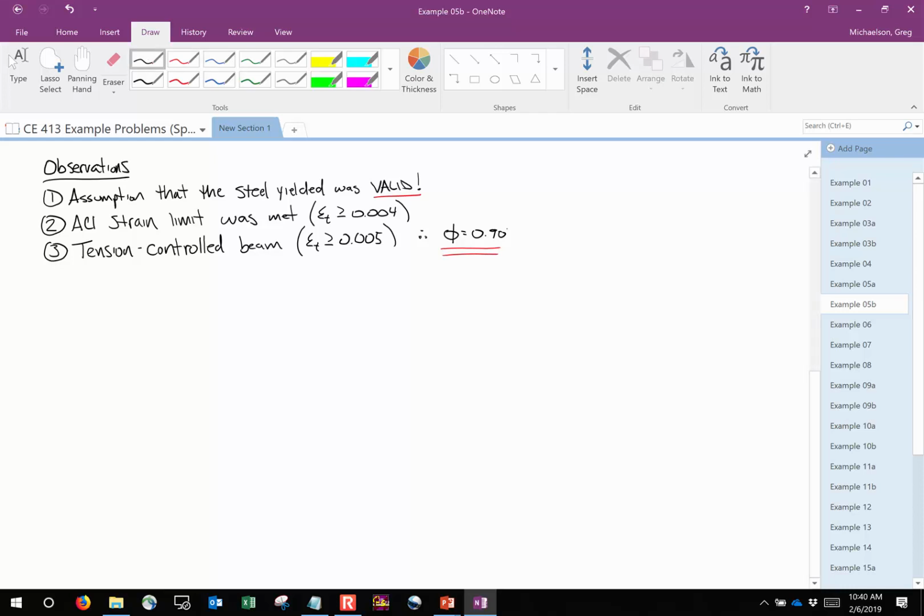Now, what if our strain was between these 2 values? Like, what if our strain was 0.0043? It'd be a transition region. We would meet the strain limit, but what would our phi value be? We'd have to interpolate, right? We'd have to use this.